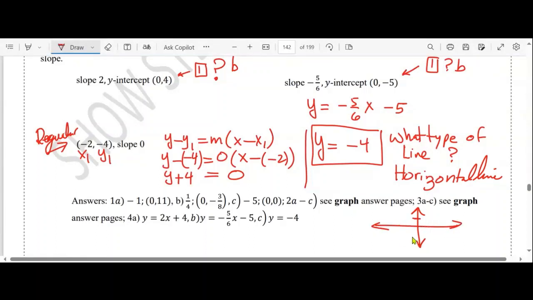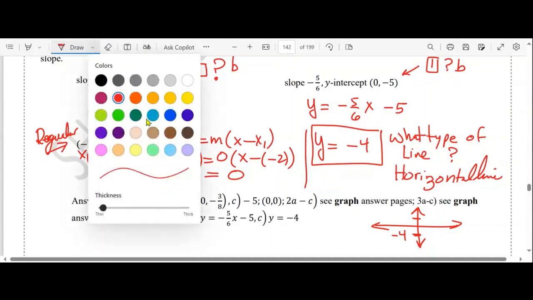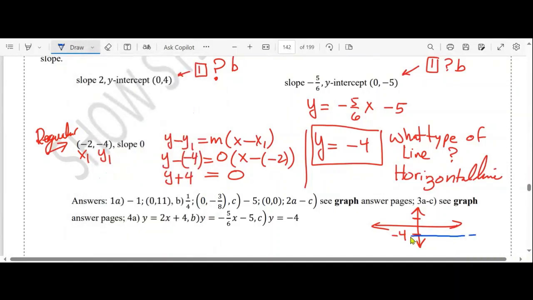And what is -4? -4 where? Up or down? Down. So -4 is down. So you're going to make the line going through like this. That's the line, y equals -4. That's why it's a horizontal line. Is this clear? Because you are working with the y-axis, right? Clear or not clear?